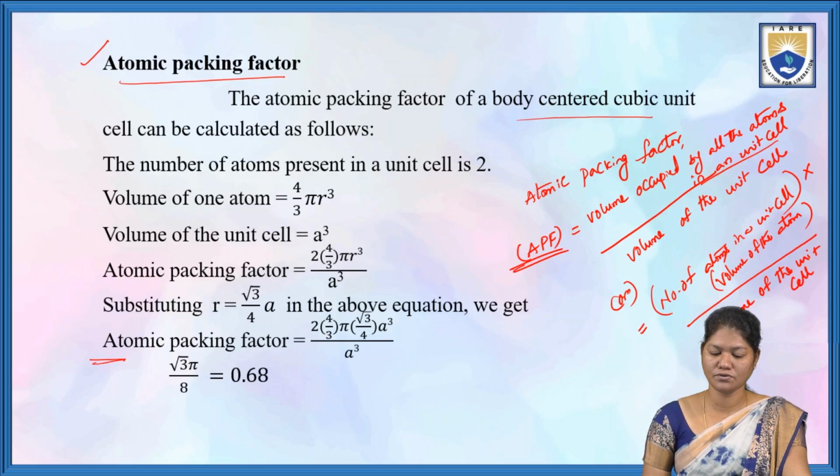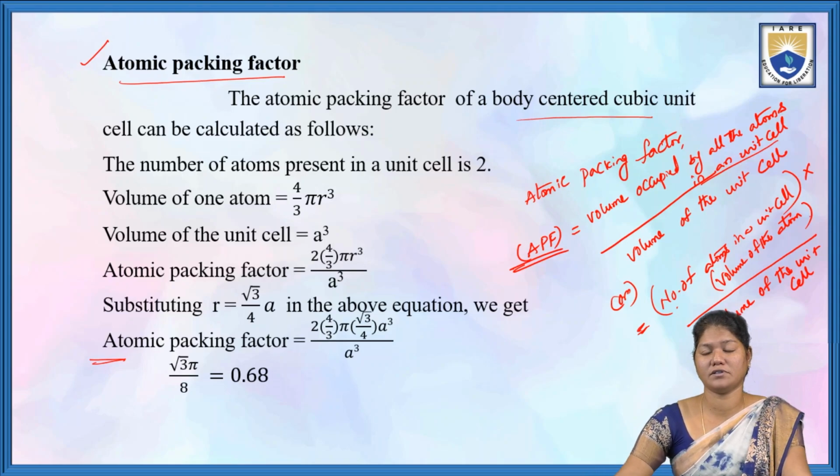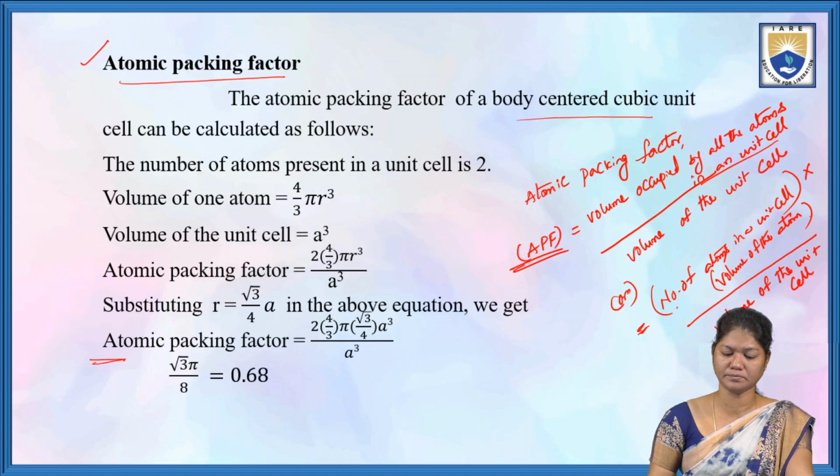So to calculate this atomic packing factor, we should know the number of atoms in the unit cell, the volume of the atom, and next, the volume of the unit cell.